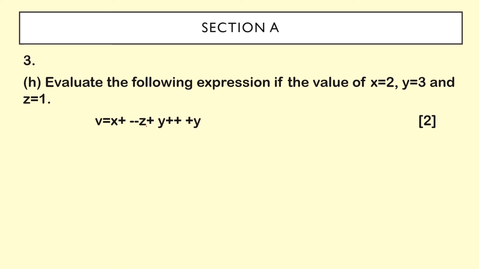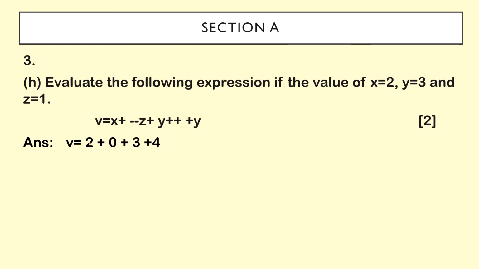So 2 plus 0 plus y plus means y will be first used and then a post increment will take place. So y value will become 4, but it will be used as 3, and plus y, it is 4.